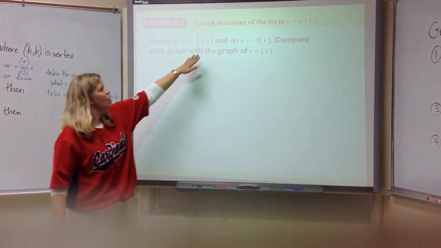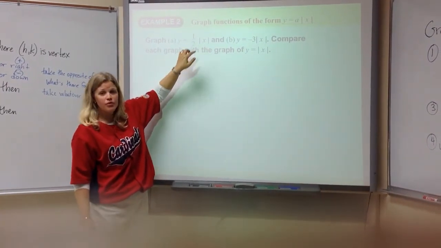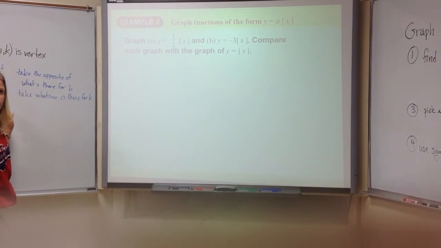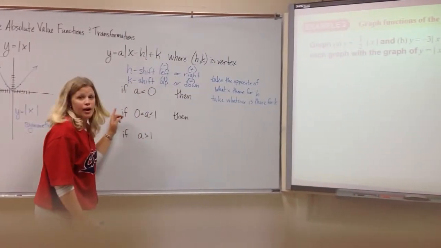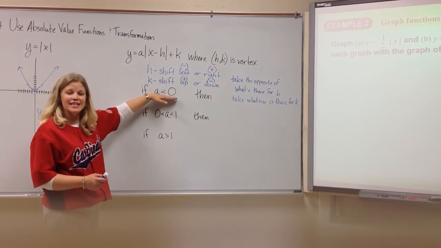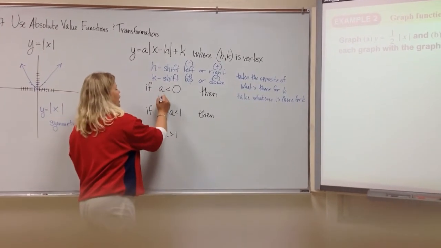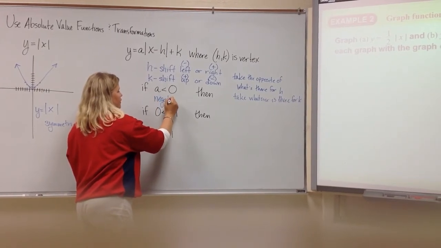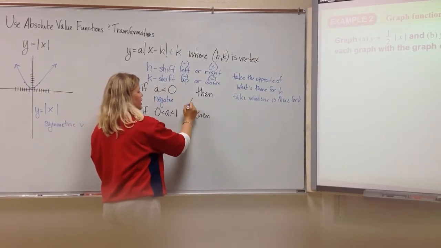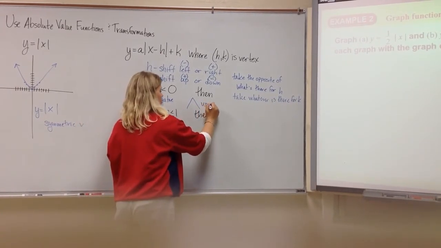Now notice, do I have like the H and K stuff? I don't think so. We have a number in front, so we're going to come back to our board, and we're going to look at what this A number refers to. Now, A is less than 0. So what kind of numbers are less than 0? Oh yeah, if it's negative, then the V becomes upside down. It gets flipped, okay?